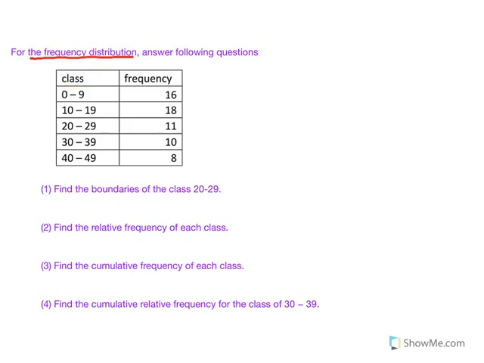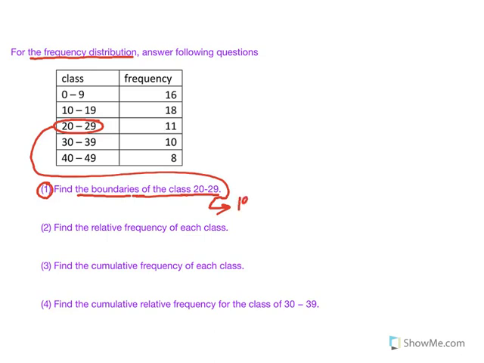And then the first question that we're answering is, find the boundaries of the class 20 to 29. So we want to find the boundaries of this class. Remember how to find boundaries. You just subtract half from the small value, so it will be 19.5.